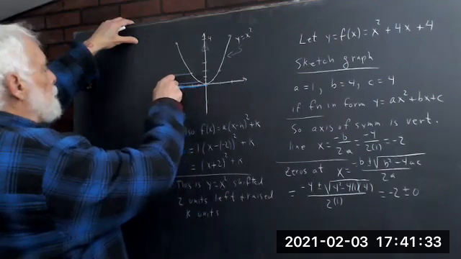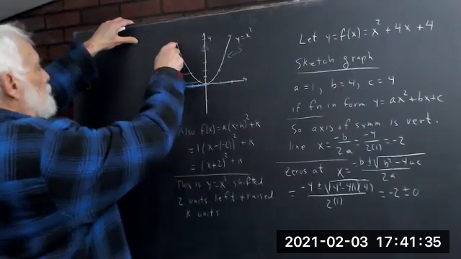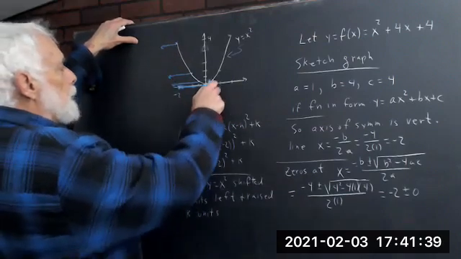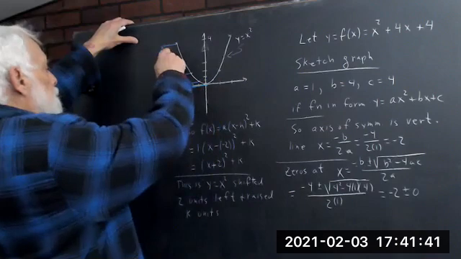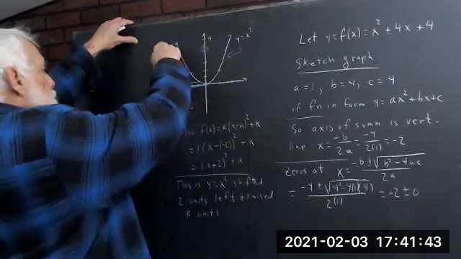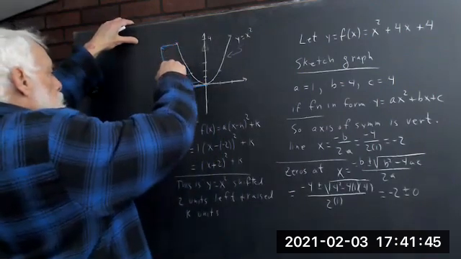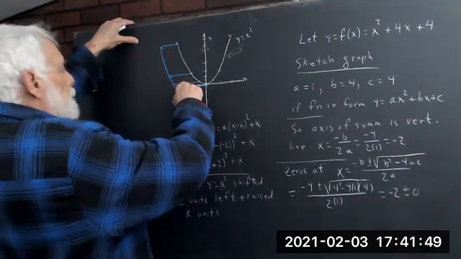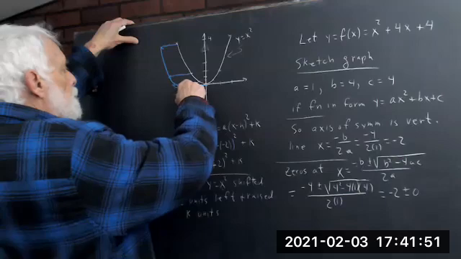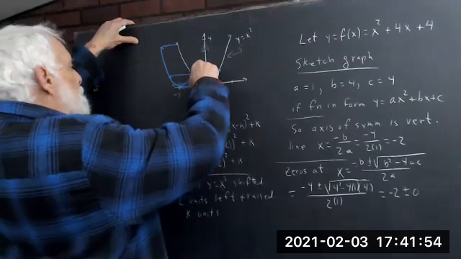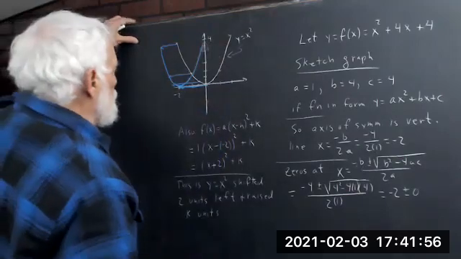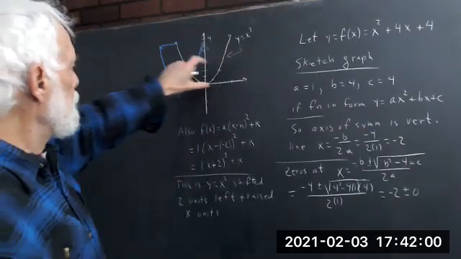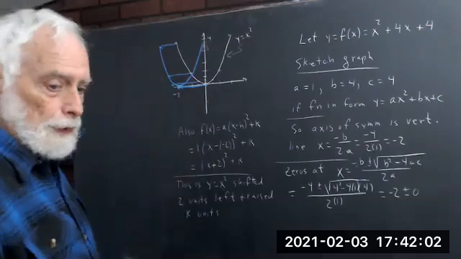And we shift this point to the left 2 units. We shift this point to the left 2 units. And the same thing with the other points. And when we've done that, I'm going to find that our graph looks like this. Didn't do a real good job of that, but just this graph shifted 2 units to the left.